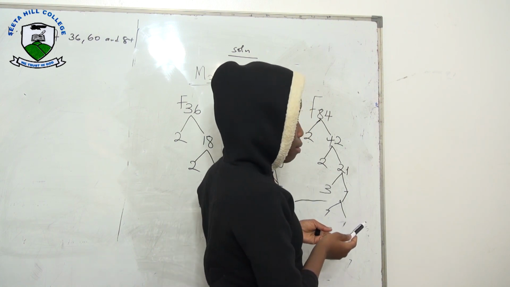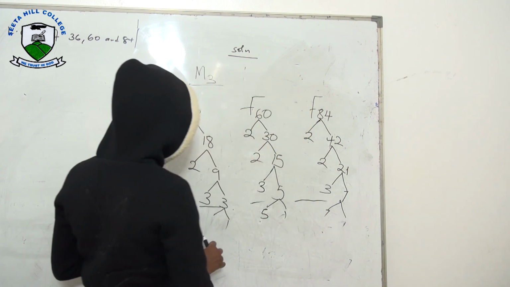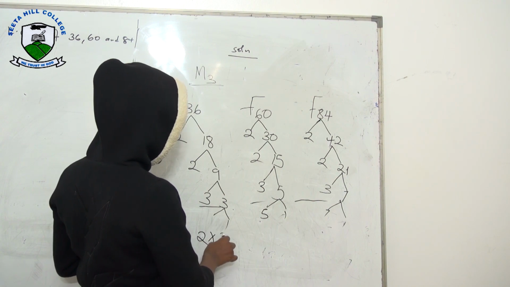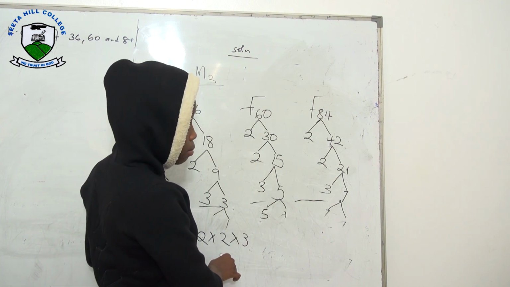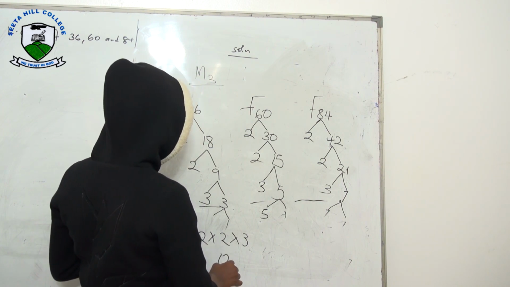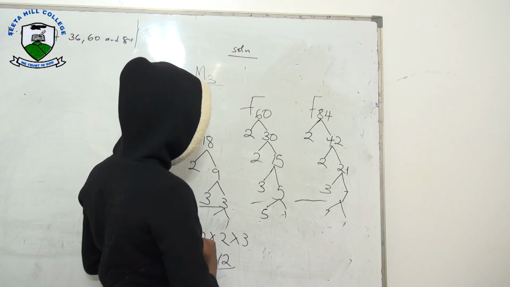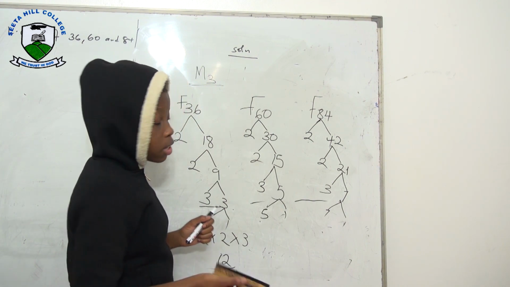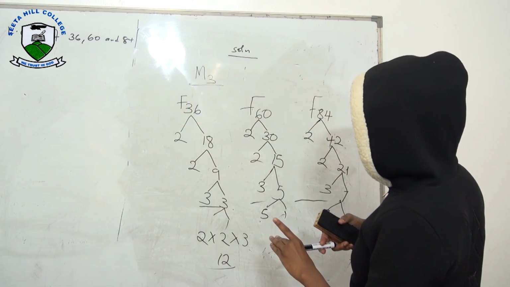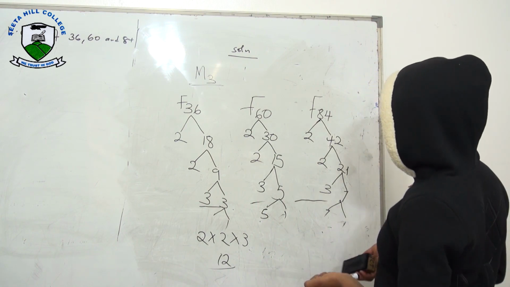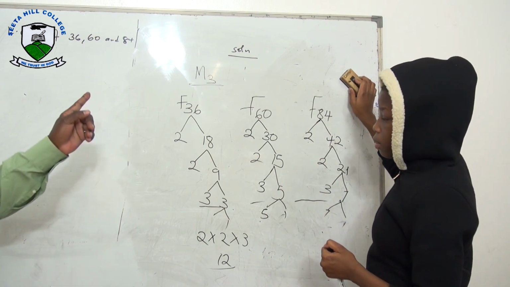Right? The greatest common product appearing in both is 2 times 2 times 3. All have that.